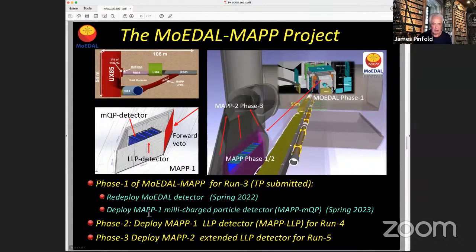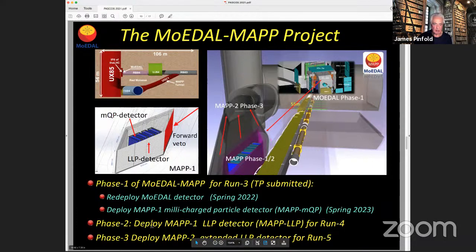Phase 1 of MoEDAL MAPP for run 3 will have the redeployed MoEDAL detector that I've just been talking about, and this MAPP 1 milli-charged particle detector that I'll tell you about in a minute. That's going to go in spring 23, and the redeployed MoEDAL detector in spring of 2022, assuming that the LHC opens up as advertised.